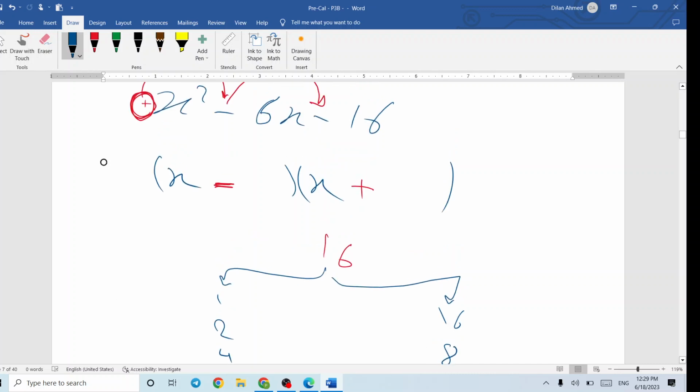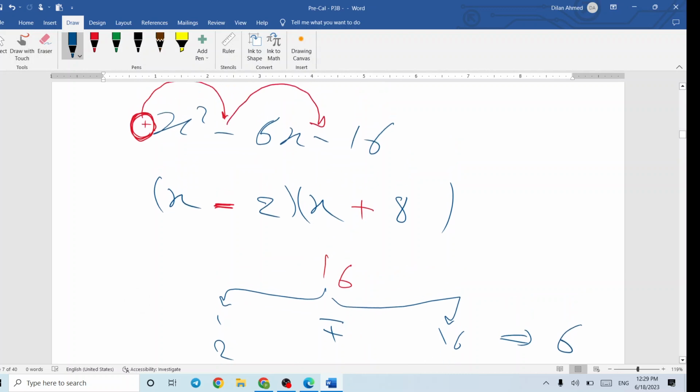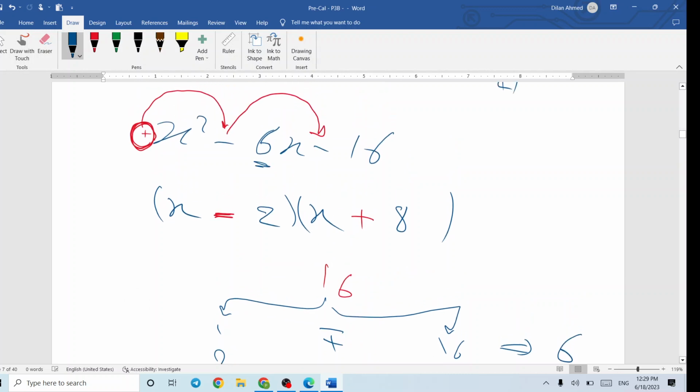2 and 8. Why? Because the addition or subtraction between these two numbers should be 6, the coefficient of the x, or you can say the midterm, right?